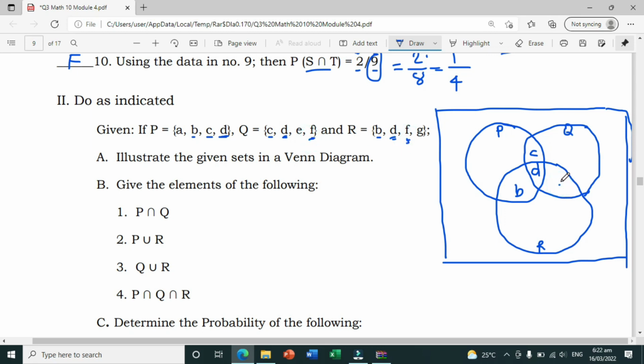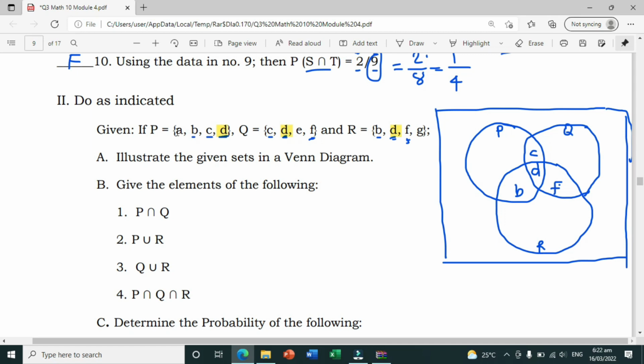Itong F. And take note, ang common din ni R kay Q at saka kay P, itong D. Yan, D. So, D lang yata. So, yung ating Venn diagram, nagawa na natin correctly, pero may kulang pa.